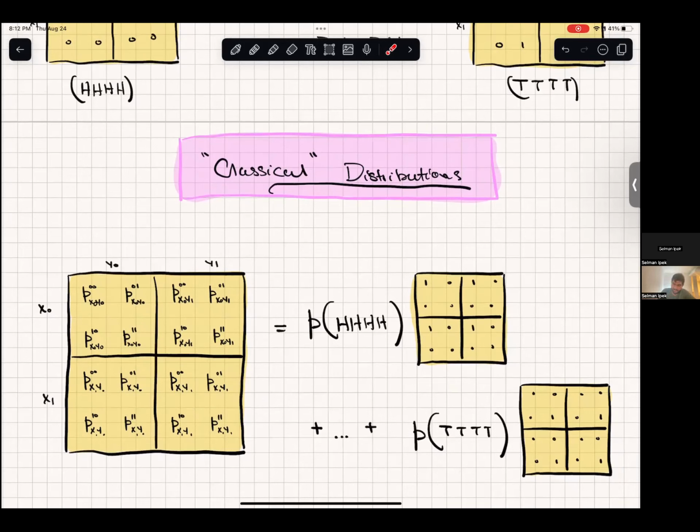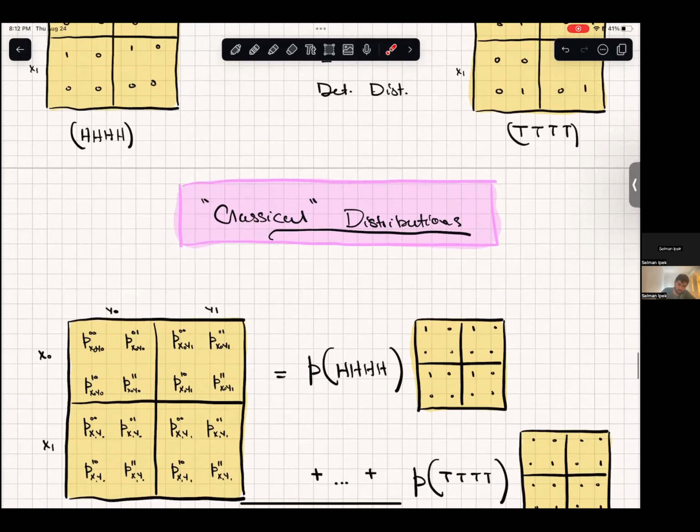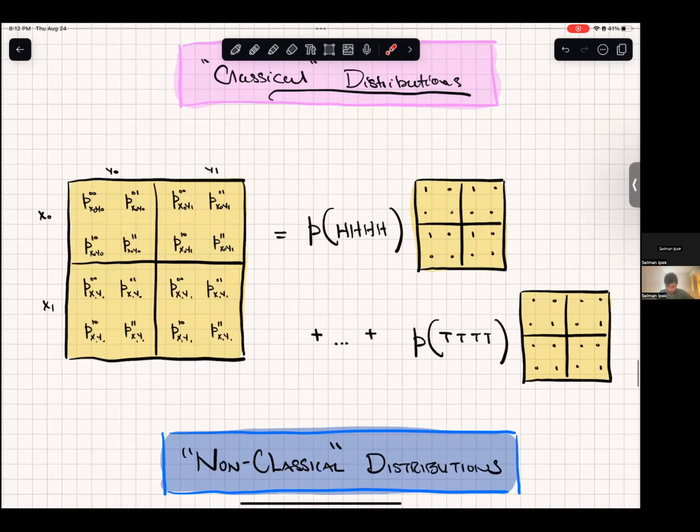And if that is the case, then we call them classical distributions. That is, they're classical because it's a probabilistic mixture of situations in which you have something that's real and local. Heads, heads, heads, heads, heads, heads, heads, tails, so on and so forth.